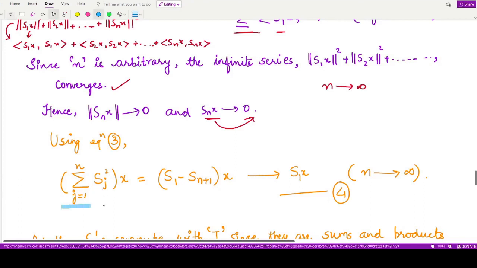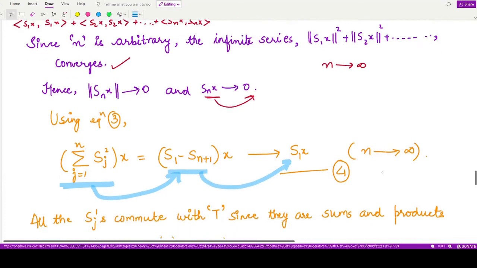In place of this we may write S1 minus Sn plus 1 using inequality 3, and because Sn plus 1 is a positive operator, this would tend to the S1 operator only. Why? Because the Sn plus 1 operator tends towards 0 whenever n tends towards infinity.